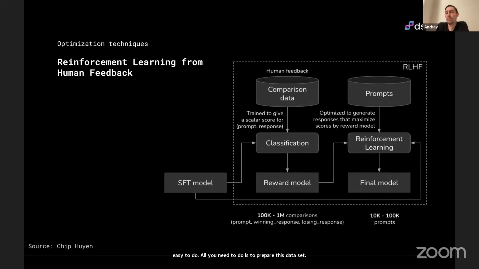Another more powerful way to fine-tune a model is through, for example, reinforcement learning, also known as reinforcement learning from human feedback. If you think of supervised fine-tuning, it's when you tell your model which result is good.